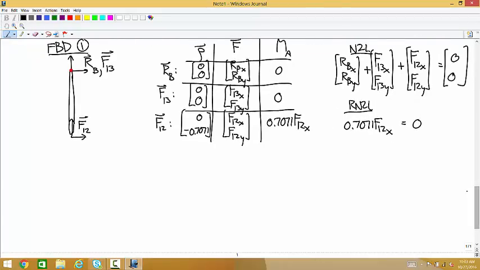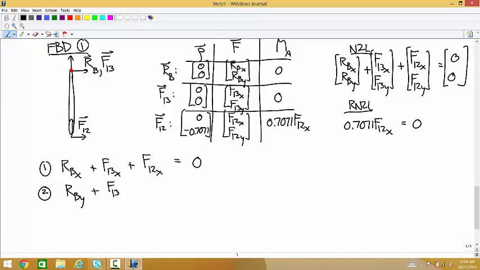Okay, so I'm going to list out the three equations that we get from this. The first one says RBX plus F13X plus F12x is equal to 0. The second one says RBY plus F13Y plus F12y is equal to 0. And the third one says 0.7071 F12x is equal to 0.